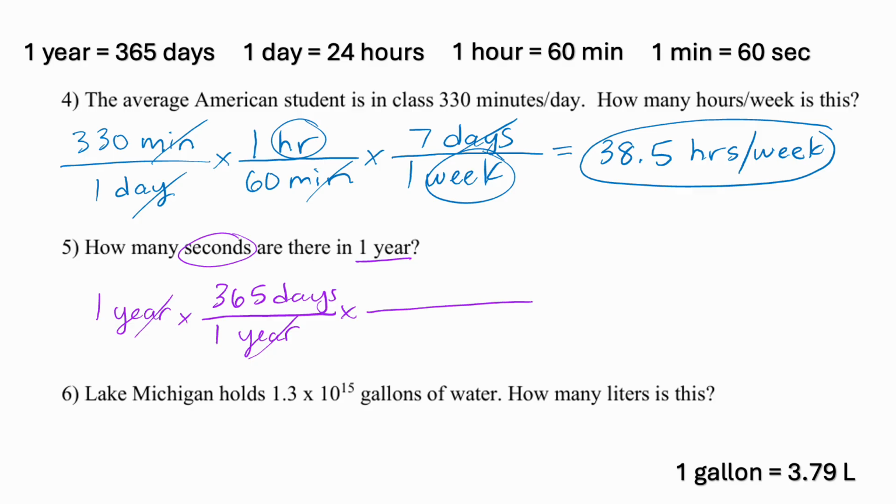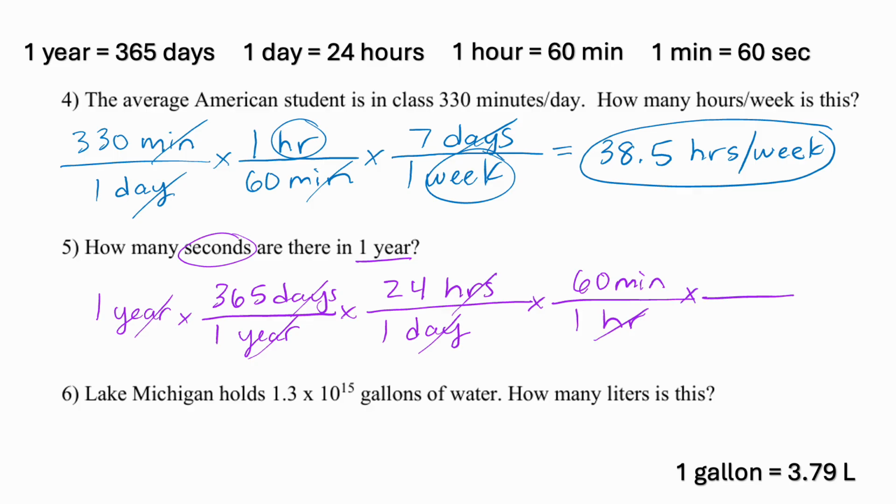Now I know that in 1 day, I have 24 hours. So if I want to get rid of day, I'm going to put days in the denominator. And that is equal to 24 hours. Now, for hours, I can go to minutes. In 1 hour, I have 60 minutes. My hours are gone. And now, finally, I know that in 1 minute, I have 60 seconds.